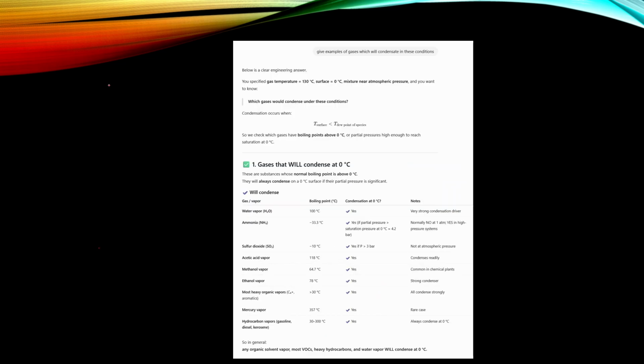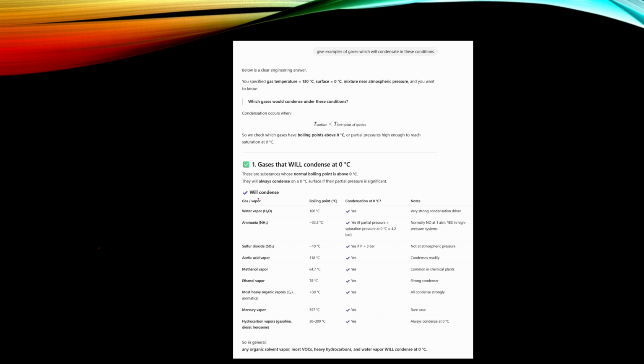I asked ChatGPT to give examples of gases which will condense if our incoming gas temperature is 130 degrees C and our surface temperature is 0. And it explained that those gases which have boiling points above 0 will condense.